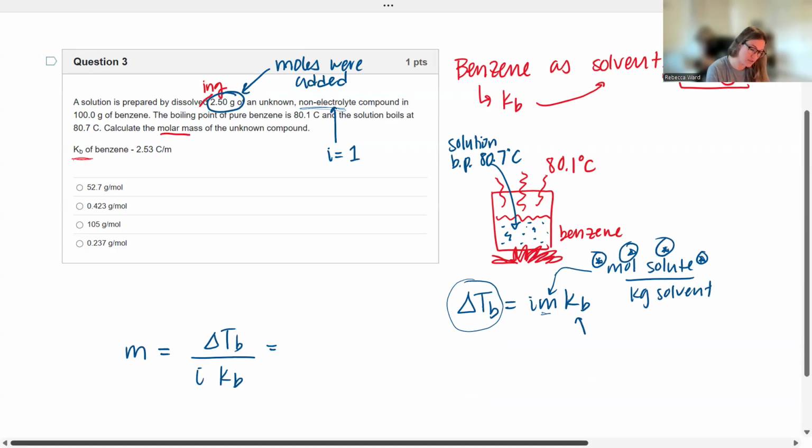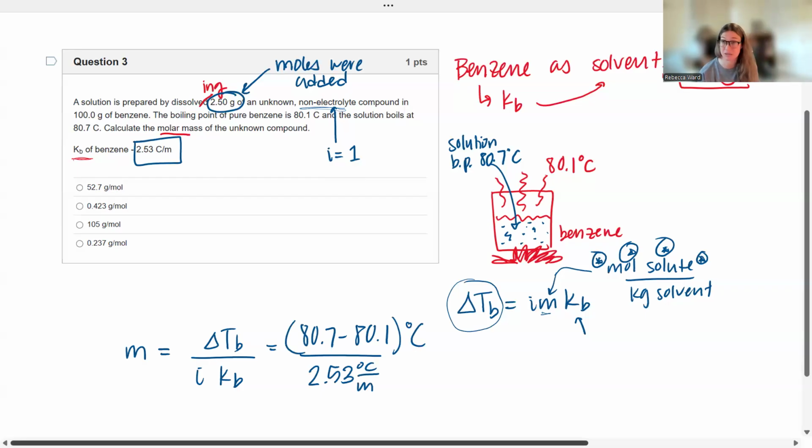Our delta Tb is 80.7 minus 80.1, in degrees Celsius. i was 1 on the bottom, and then we have our 2.53 degrees Celsius per molal. Just as a reminder, the units work out, and we're going to wind up with molality here.